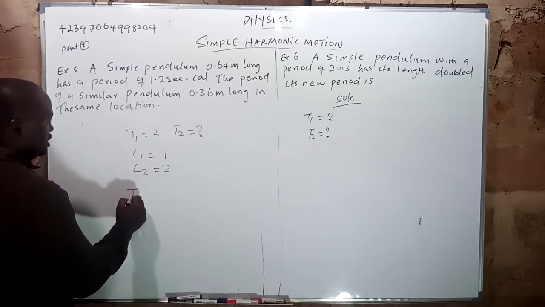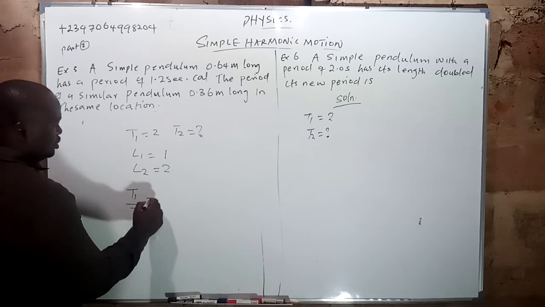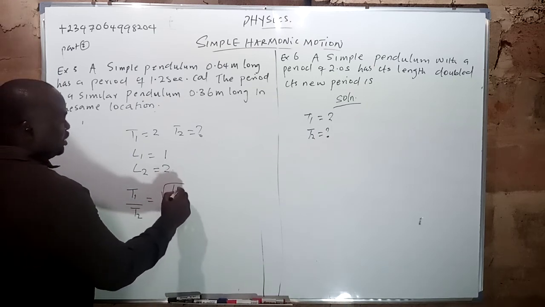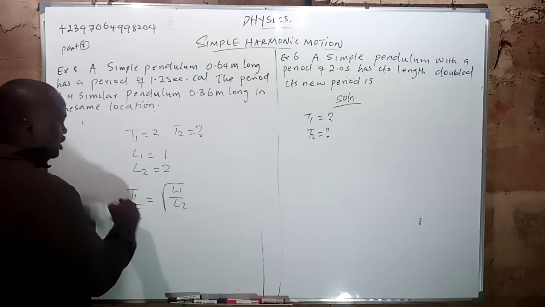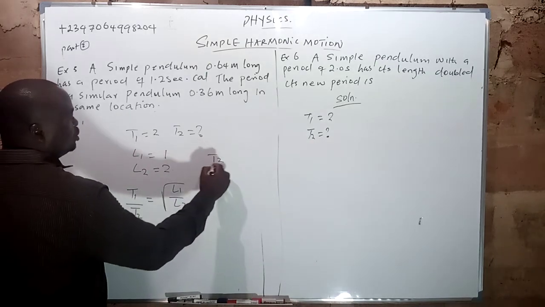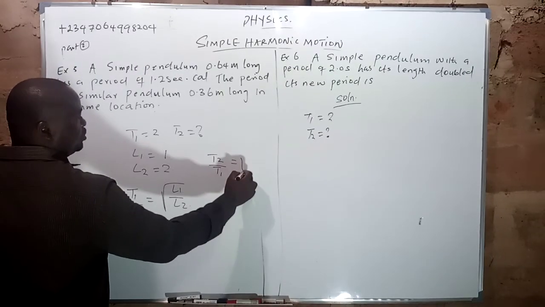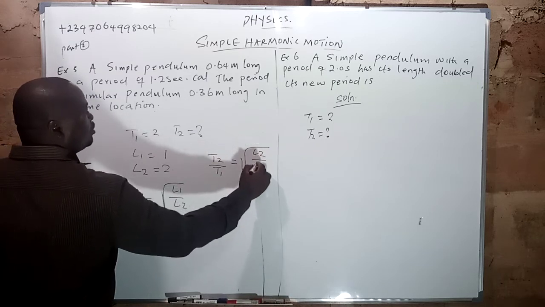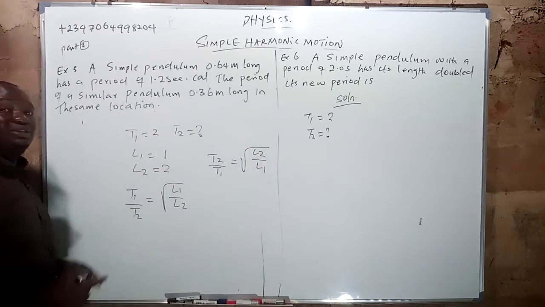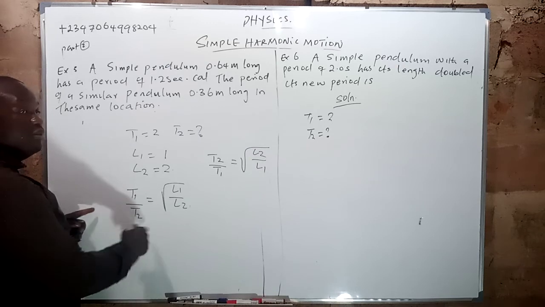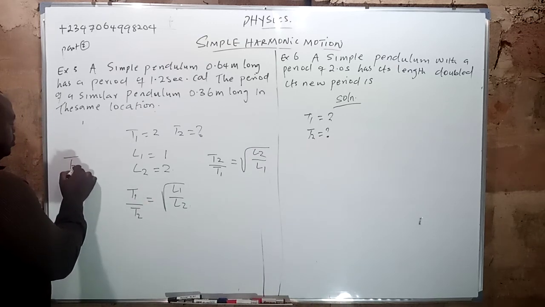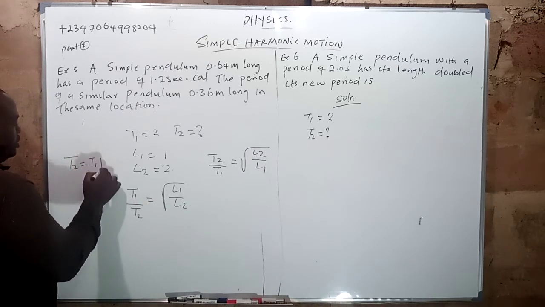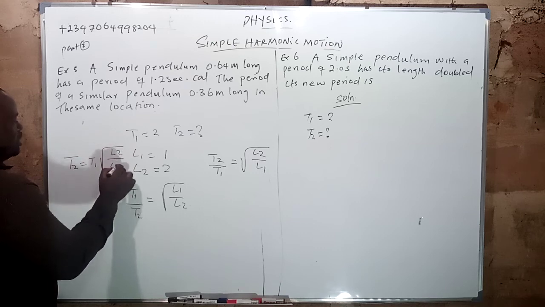So the same thing: T1 over T2 is equal to root of L1 over L2. This formula, you can also write like this: T2 over T1 is equal to root of L2 over L1. Whichever way is still the same. So this is the same formula we use, that T2 is equal to T1 root of L2 over L1.